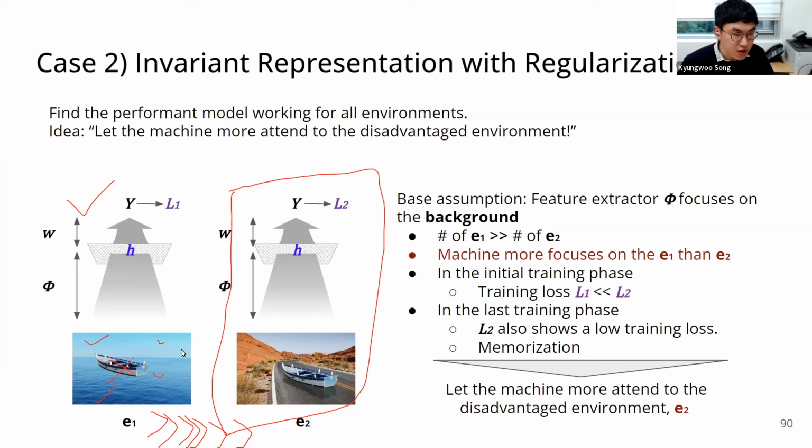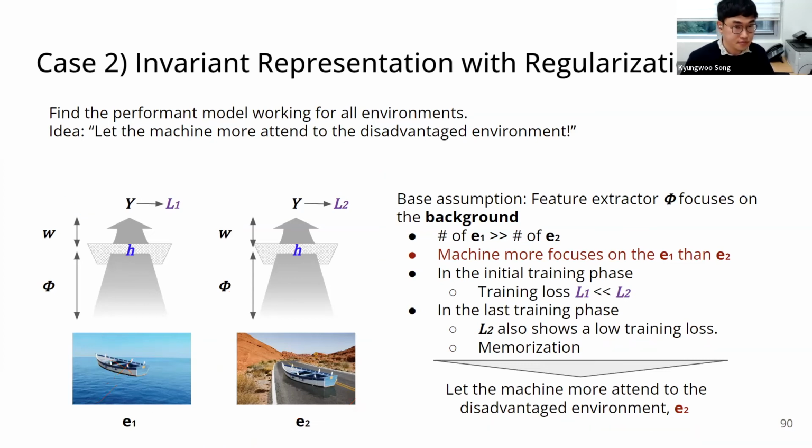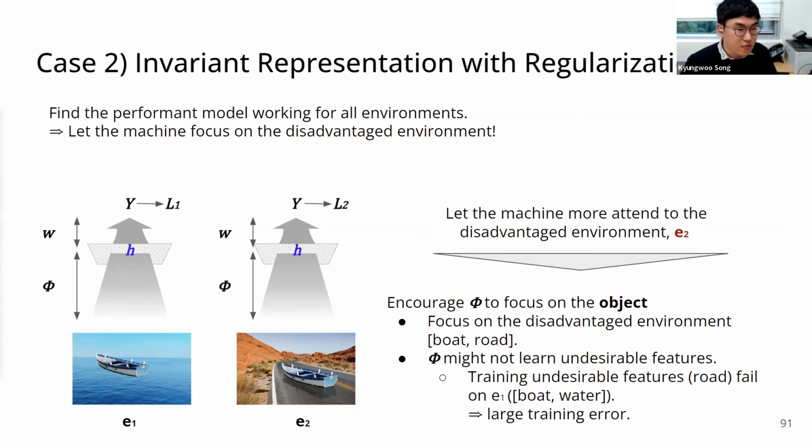One of the solutions is to focus on the disadvantaged environment first. When we let the machine focus on the disadvantaged environment, it will focus on the invariant features, the boat object. Let's assume that the machine focused on the road background to infer the boat label. Then the machine will have a low training loss in environment 2.